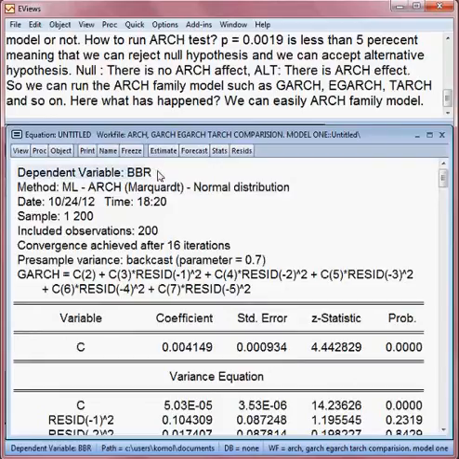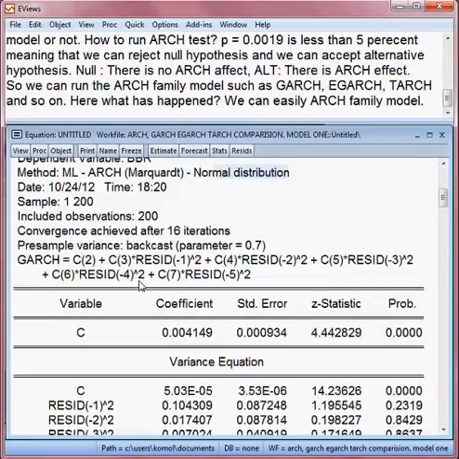You can see the dependent variable is BBR, and here I choose the normal distribution, and here are 5 ARCH terms: ARCH 1, ARCH 2, ARCH 3, ARCH 4, ARCH 5. But there is no GARCH, only ARCH is here.